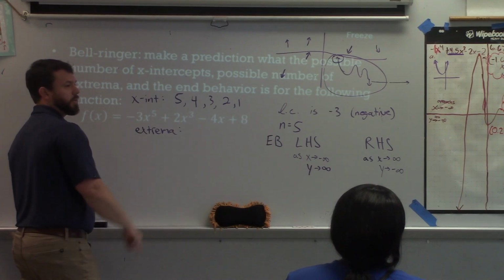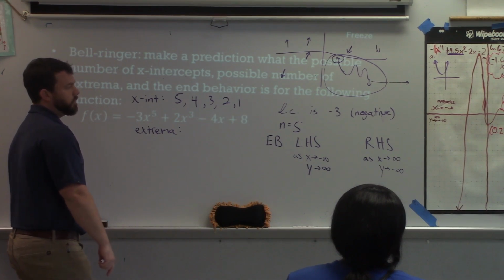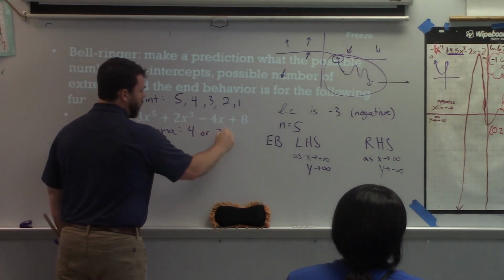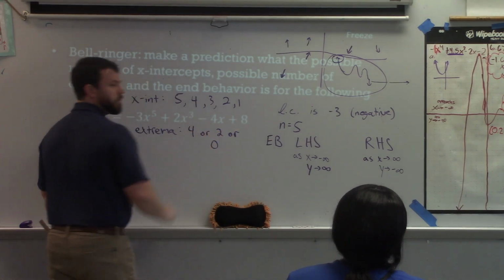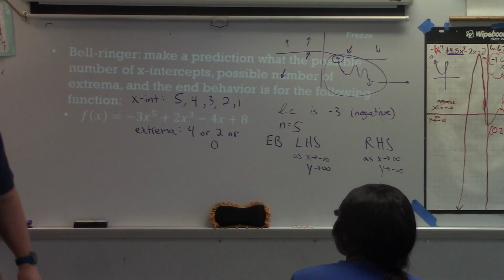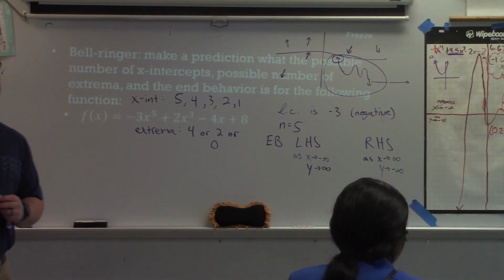Extrema came in pairs. What's the maximum number of extrema possible here? 4. So extrema are what come in pairs. I need you to be careful about that.